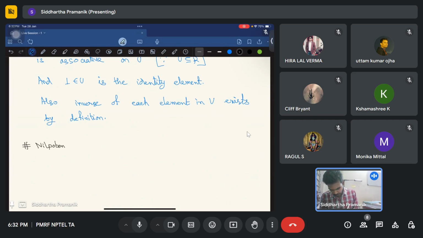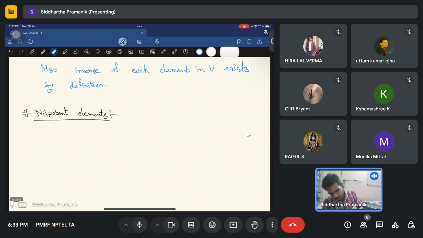I think you will get these notions in the upcoming weeks or maybe in the assignments. So it is better to learn. So what is a nilpotent element?